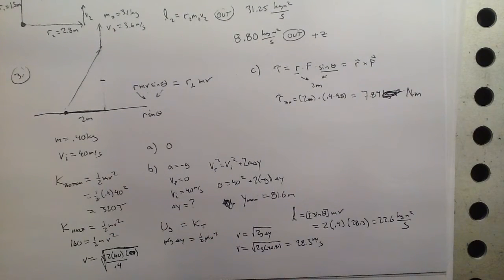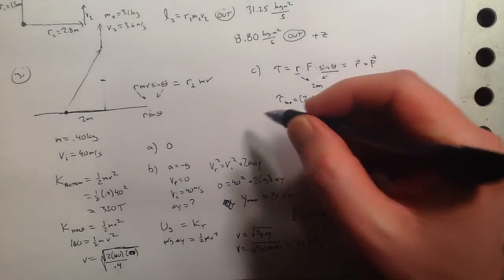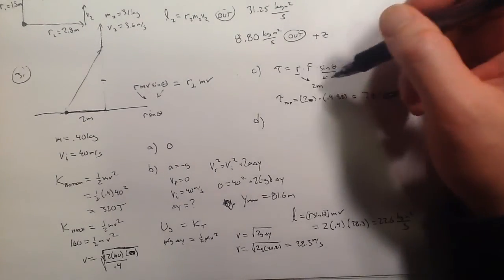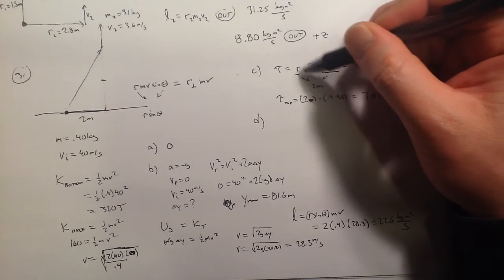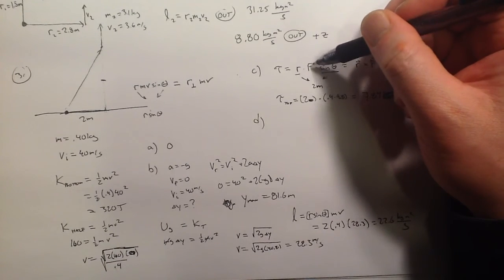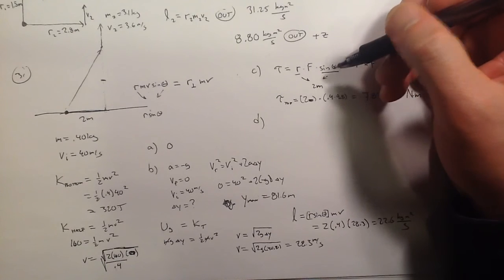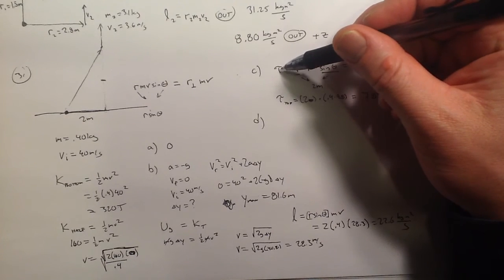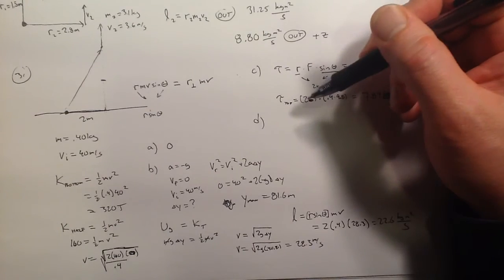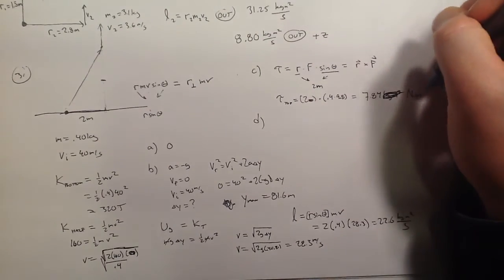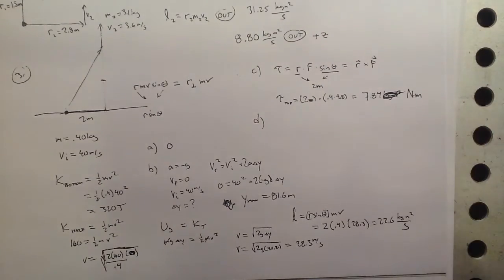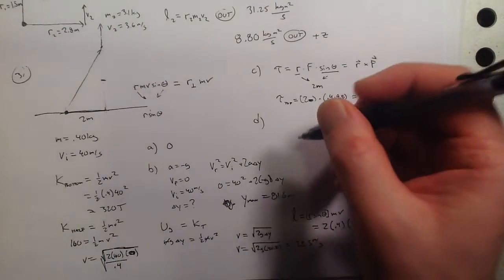And if you're thinking, wait a second, then what's the torque anywhere? If R sine theta is always 2 meters, and the gravitational force is always mg, that means the torque due to gravity about this point is always equal to 7.84 Newton meters. So I think that's going to be the answer for part D also.